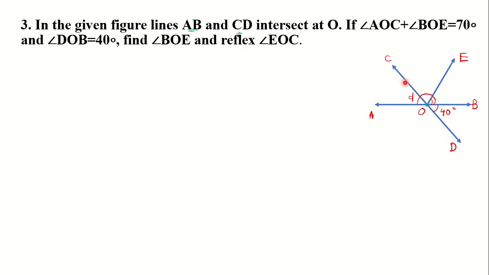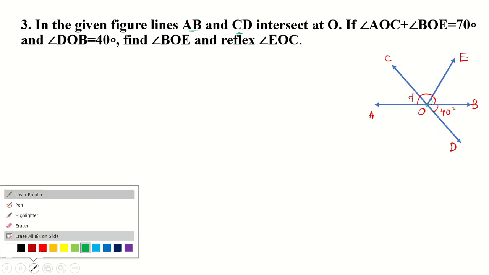AB is one line, CD is the other line, and these are intersecting at point O, right?